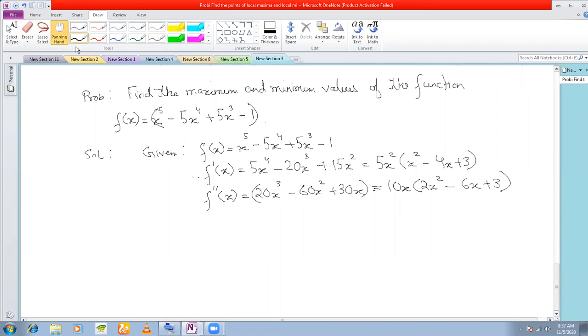Now what is the condition for local maxima or minima? For local maxima or minima, dy/dx, oh sorry, f dash x is equal to 0. Put the value of f dash x.